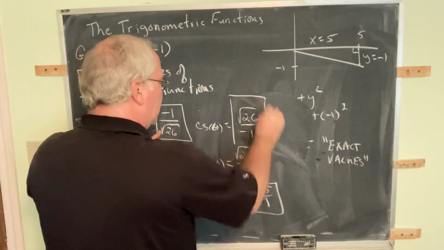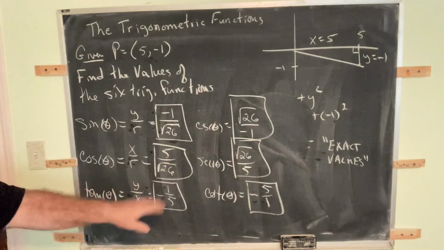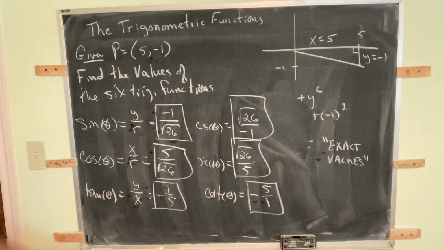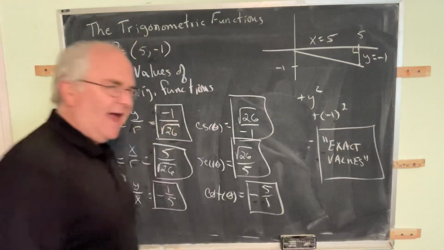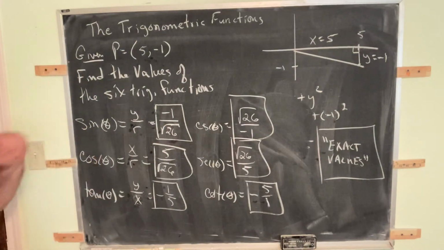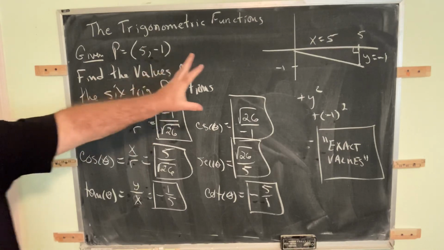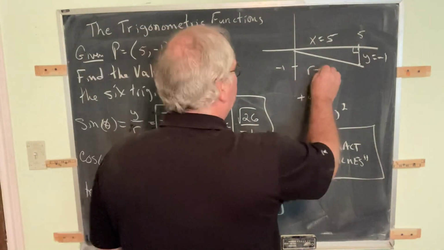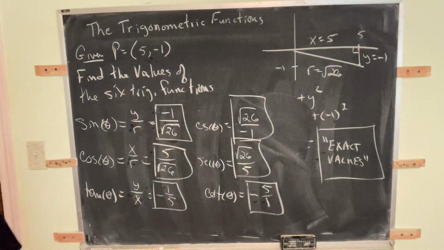That's fine. That's wonderful. You do not need to simplify this or change the form in any way, but you do need to leave your answers as exact values. So there we have it. For P equal to (5, -1), you find the value for r. We said r was equal to the square root of 26. And then find the x, y, r definitions for all those functions.